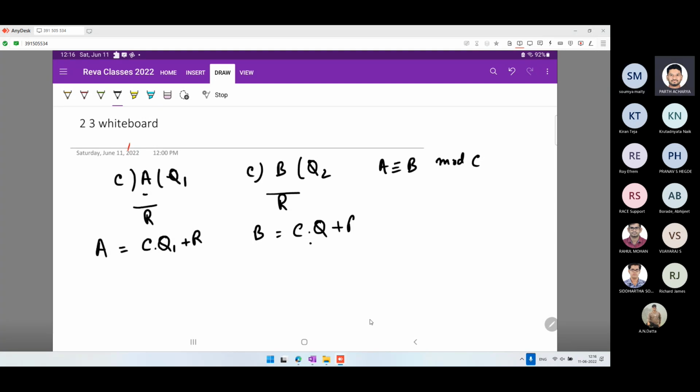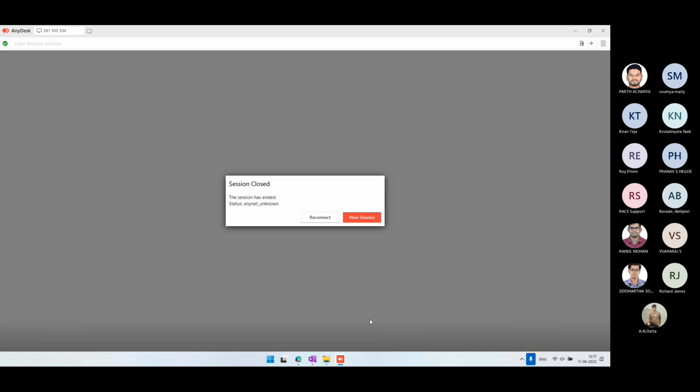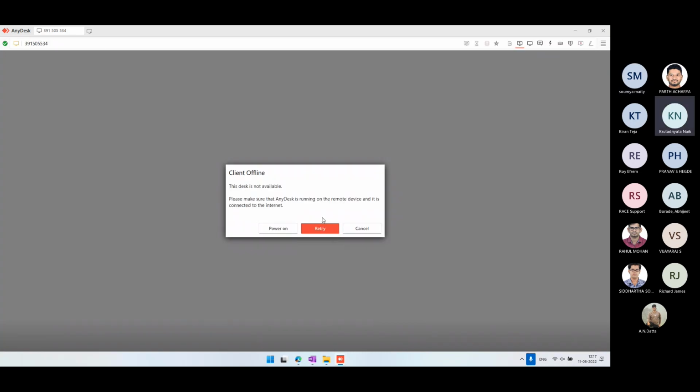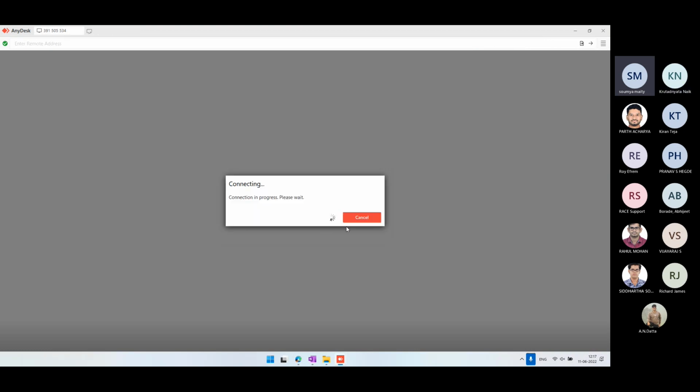Right? Lag is there. We are not able to see actually. Okay. But yes, that is correct. Now is it coming? Oh, session closed. What is happening with this? I knew this AnyDesk is the best one, but it doesn't seem so.